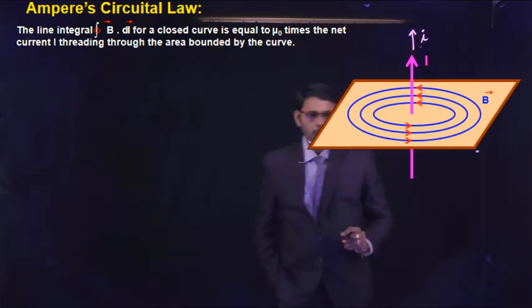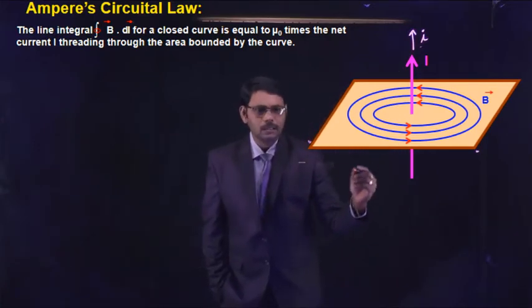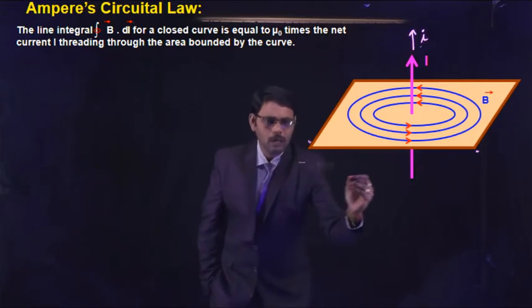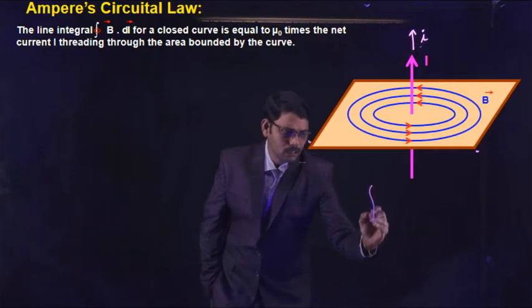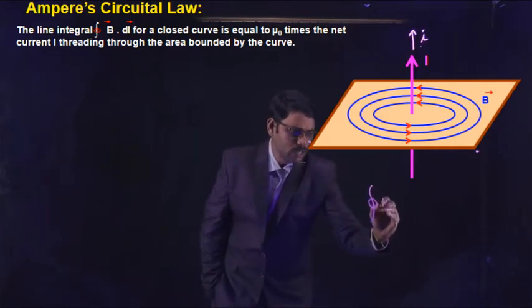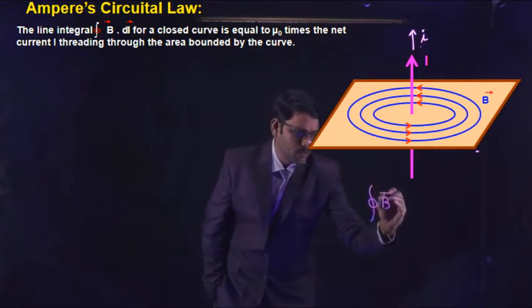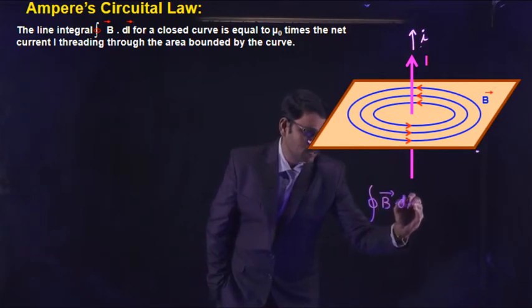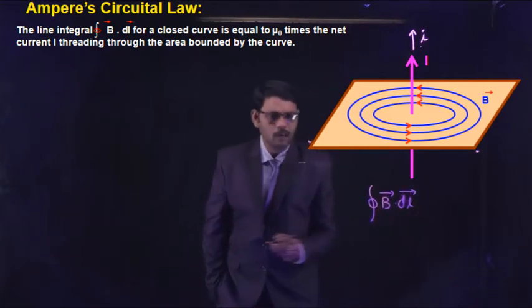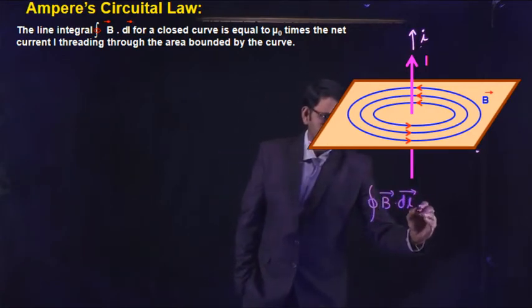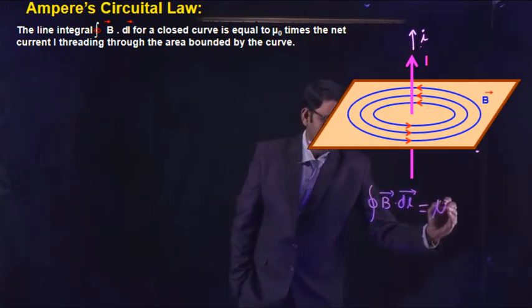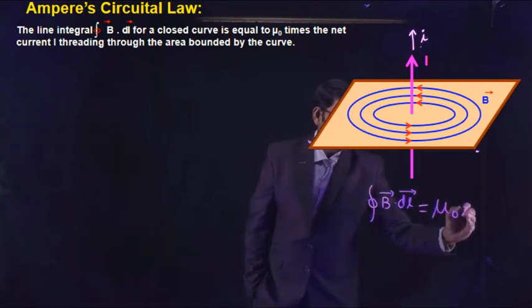So students, the equation form of Ampere's law is the line integral of magnetic field B bar dot dl bar around the closed loop is equal to mu naught times the total current enclosed by the loop.